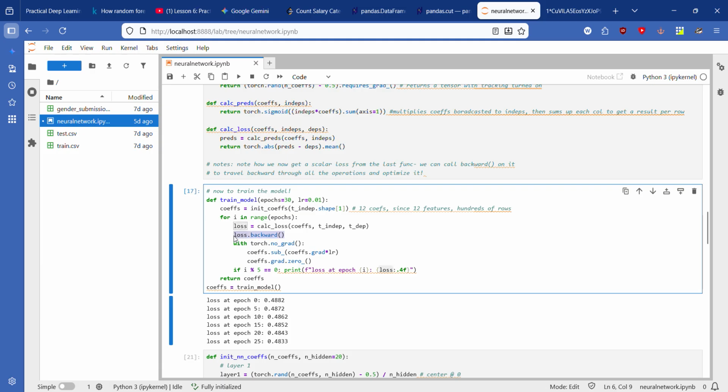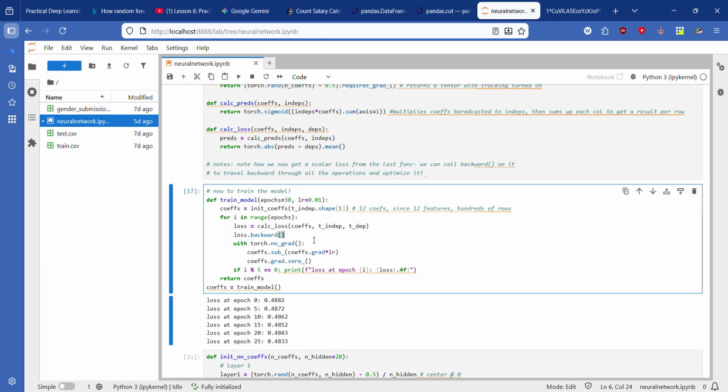You definitely couldn't do that with a normal Python integer, or a pandas series, or a numpy array, whatever have you. And that backward function is basically the secret sauce to being able to find the optimal gradient to get better predictions.